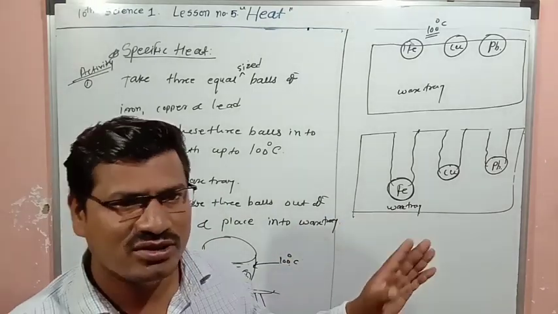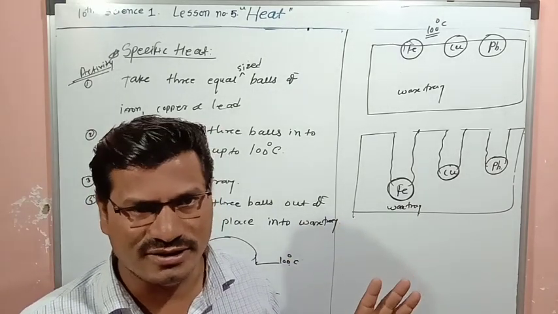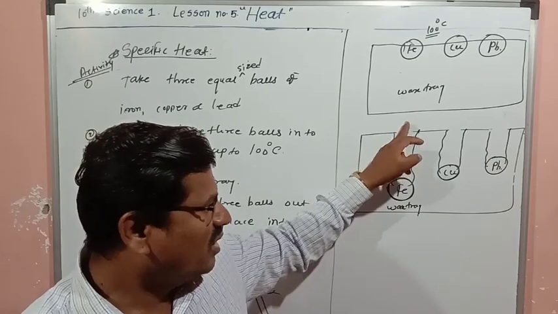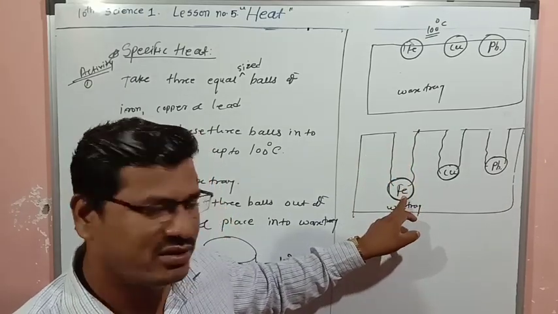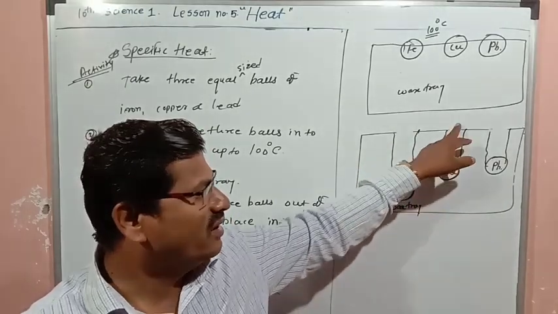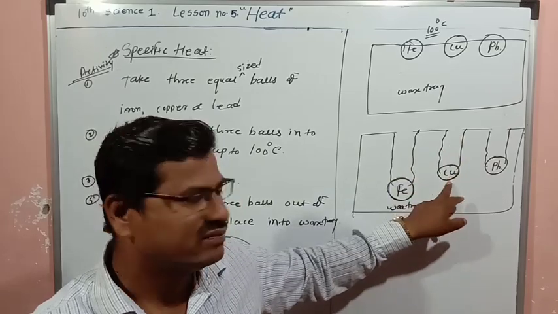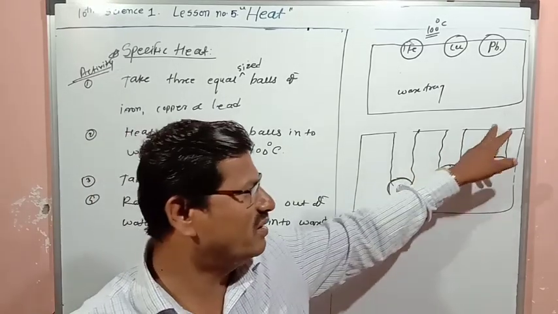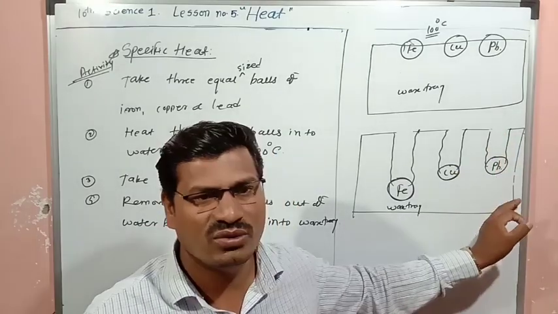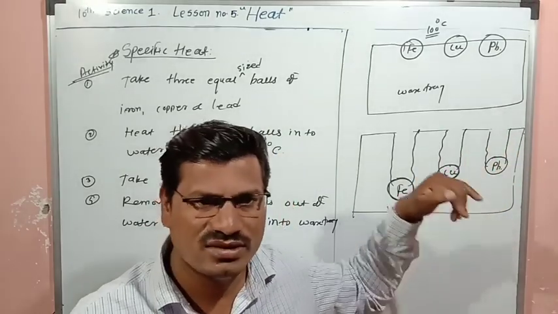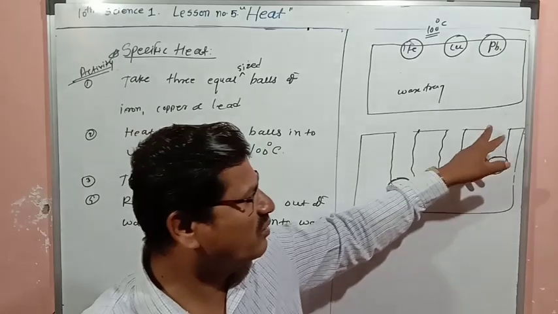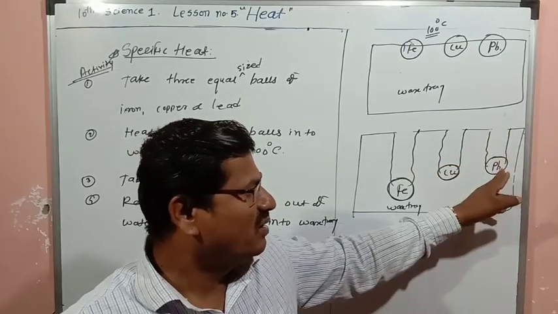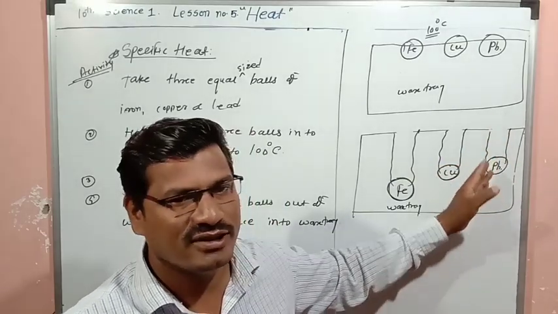The initial temperature of all is 100 degrees Celsius, but the iron ball will go deeper into the wax tray. Then the copper ball will go to an intermediate depth, and the lead ball will penetrate very little into the wax tray.